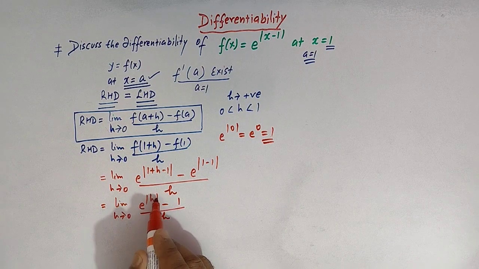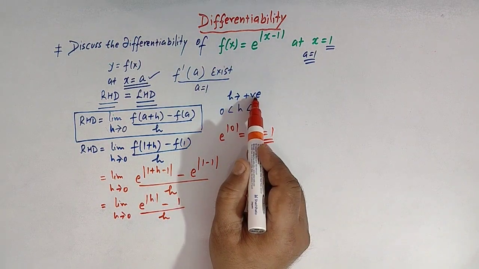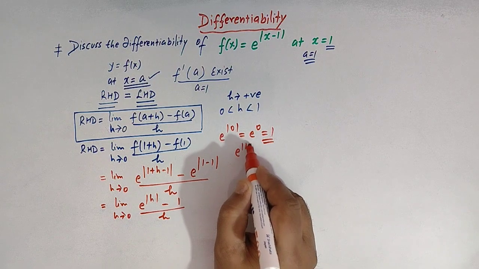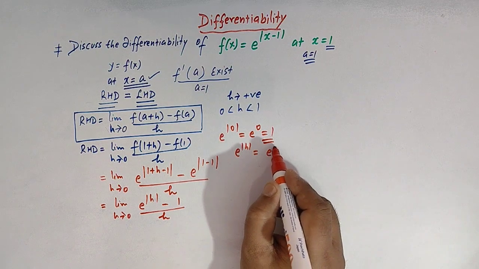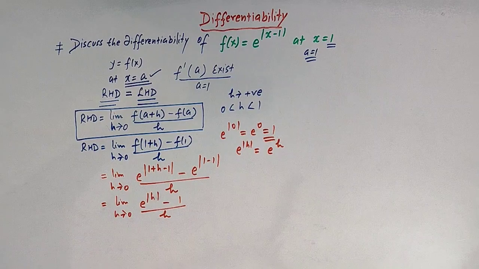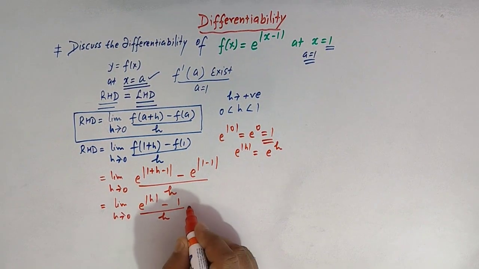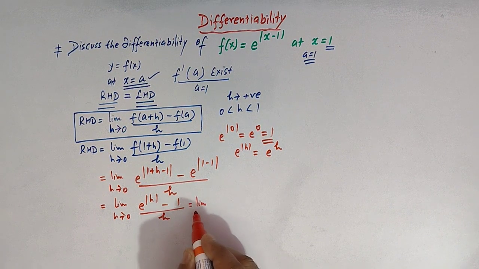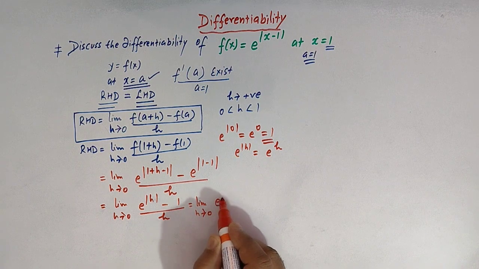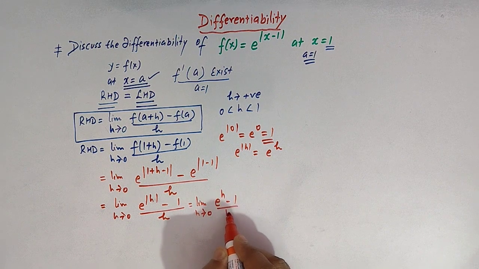And see, here we have mod of h. Now h is positive, so e raised to mod of h is simply equal to e raised to h. Now this limit can be written as the limit as h tends to 0 of e raised to h minus 1 over h.